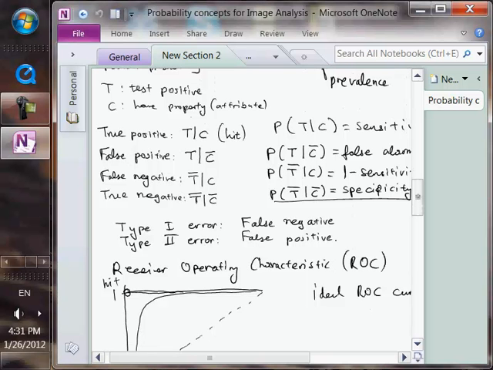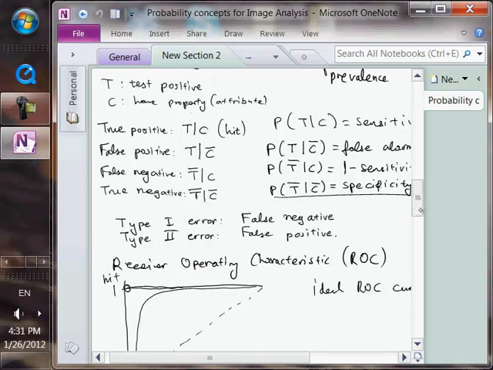Okay, very important cases of conditional probabilities that I want to talk about. Here we have, let's say, a condition, which is a property, an attribute, and we have a test, a mechanism, a device that can tell us whether the property is present or not.